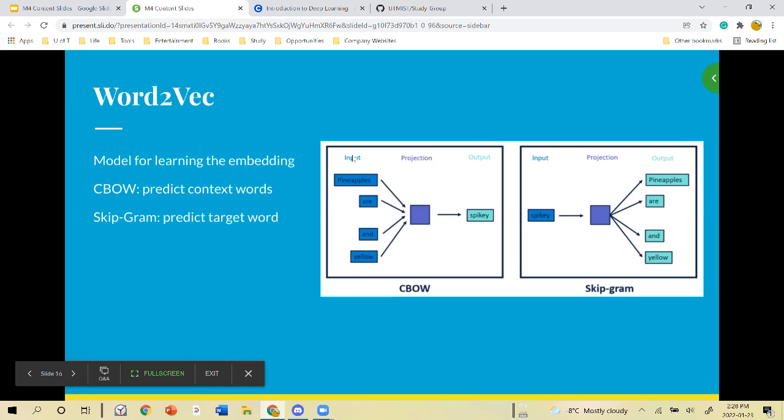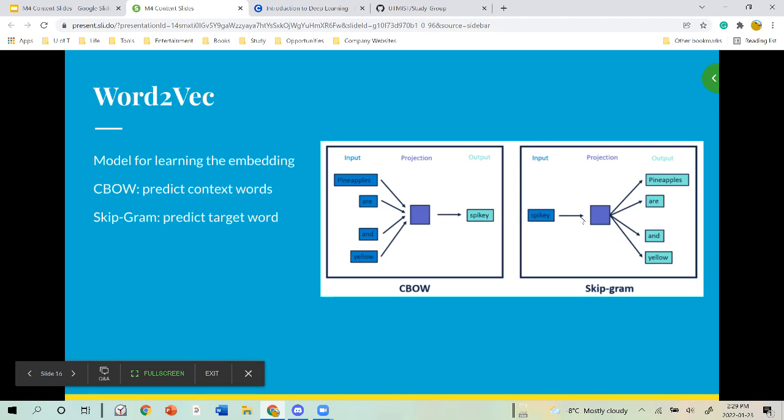So the context words, let's not look at what's on the left side. Let's just look at this image. The context words are the surrounding words, and based on those context words, you have to predict the target word. It should be spiky since it has a higher probability of fitting here based on the word embedding. And what's opposite of that is skip-gram.